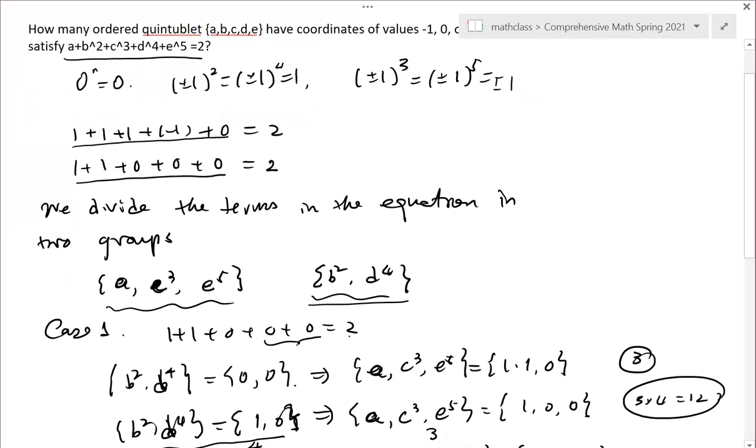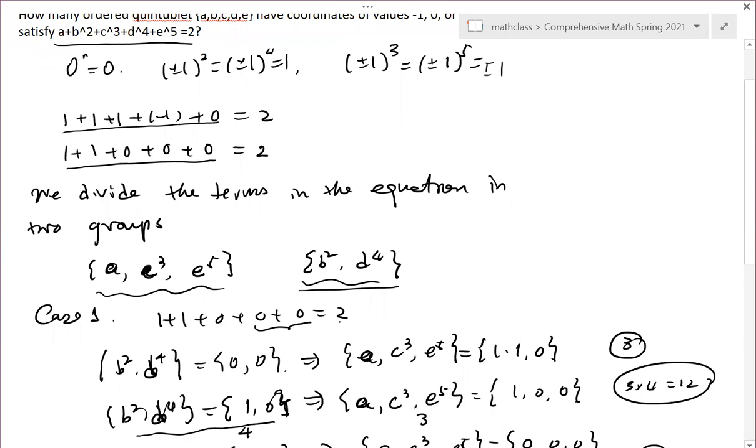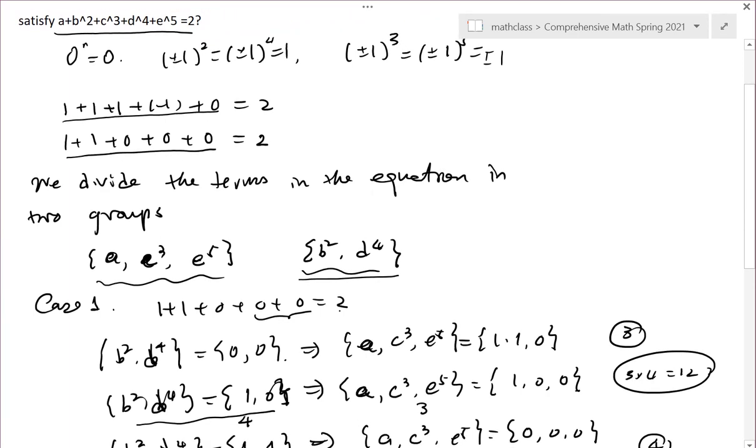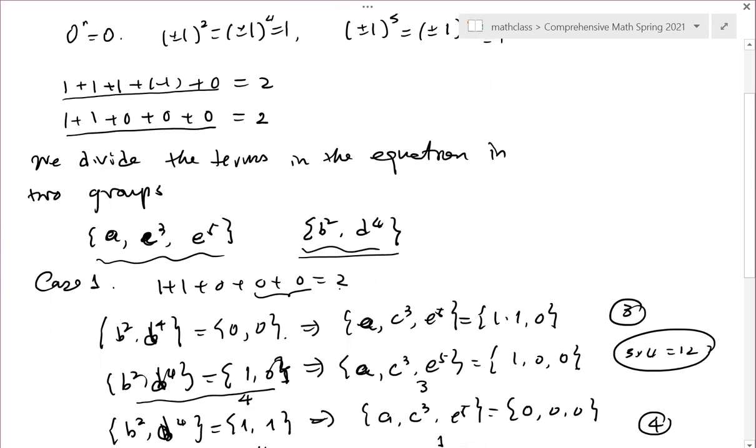look at the picture here. We don't know which 2 terms are coming from B squared D to the 4th power, okay? And so there are three possibilities. B squared D to the 4th power could be both 0. Then the 3 will be from this group, right?